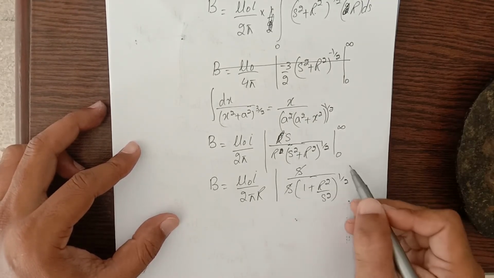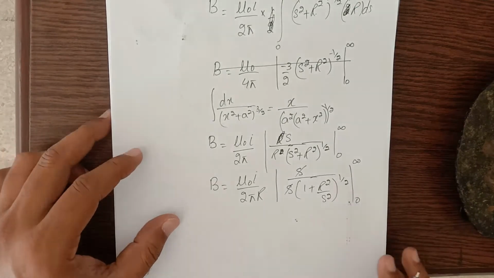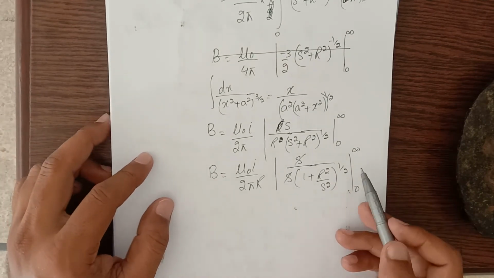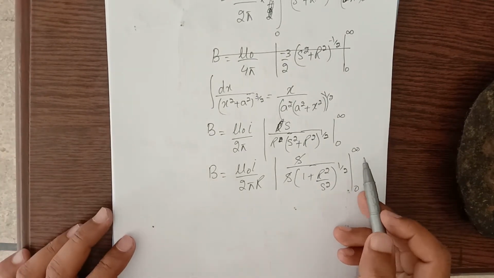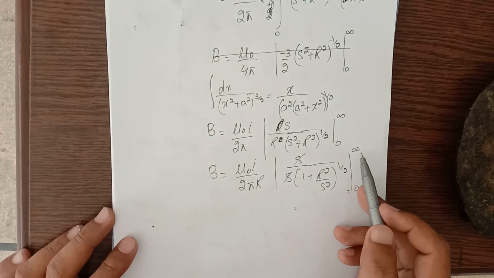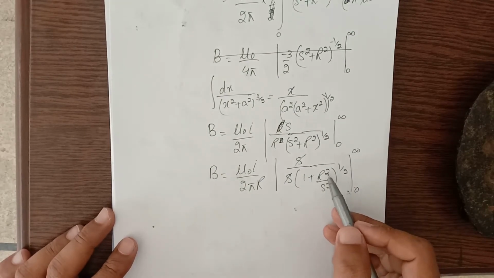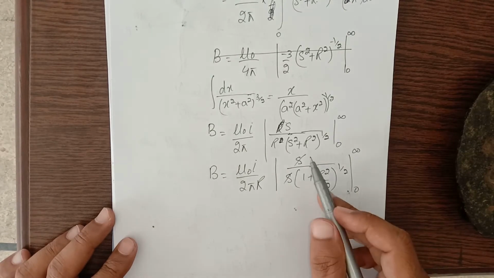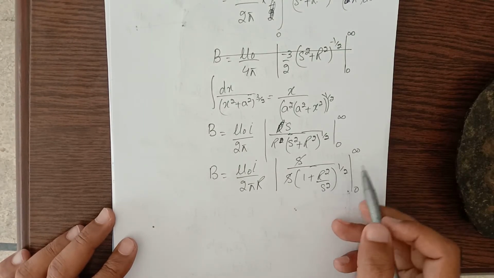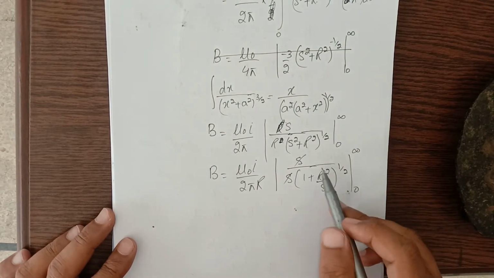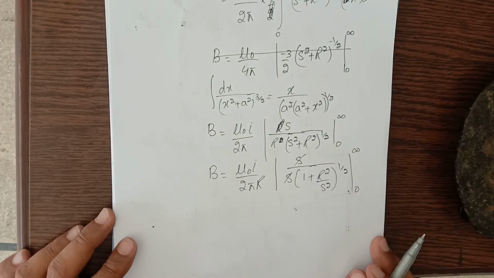They will get cancelled out, and when you put these limits as 0 and infinity, first you put infinity, then this would be 0, and 1 over 1 plus 0 would be 1, and when you put 0, this whole term will become 0.